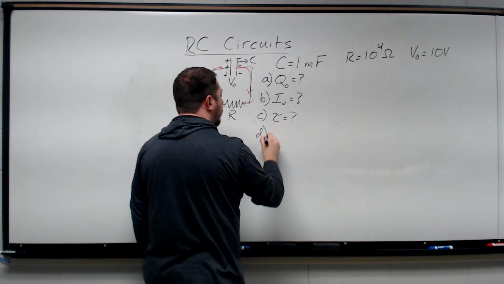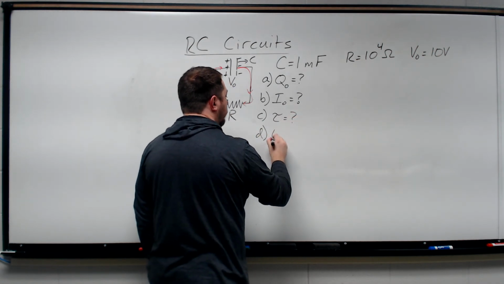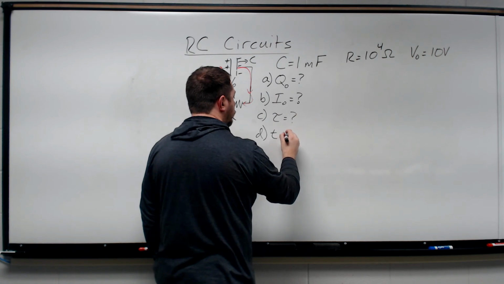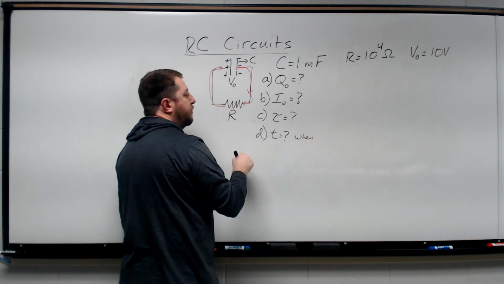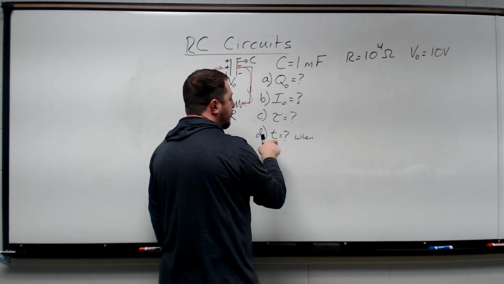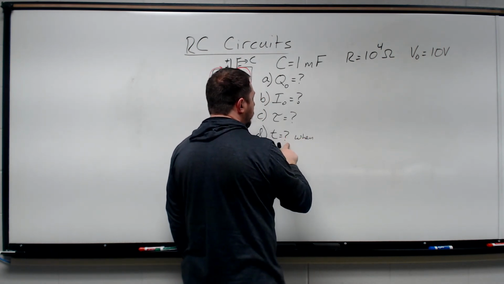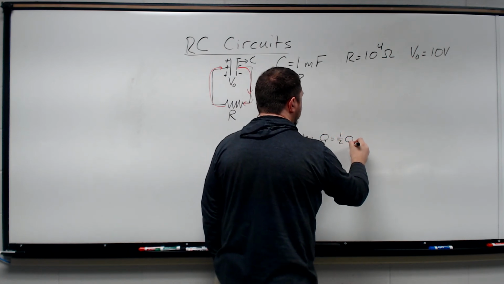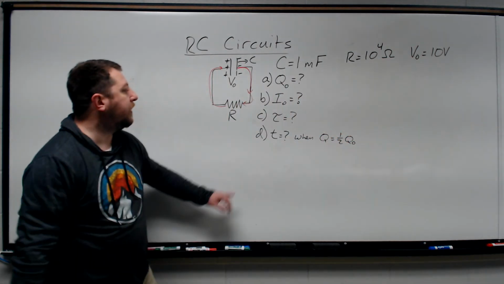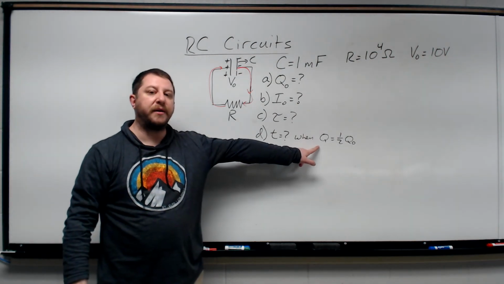And D, at what time is my charge reduced by half? So at what time, or time equals what, when Q is equal to 1/2 Q naught, okay? What is the time when my charge has been reduced by 1/2?